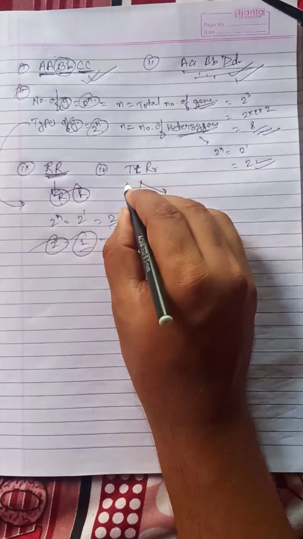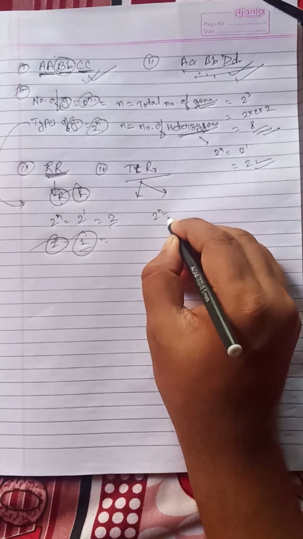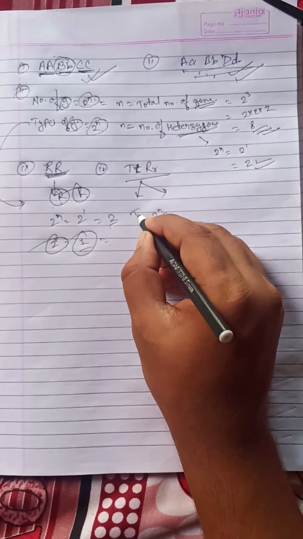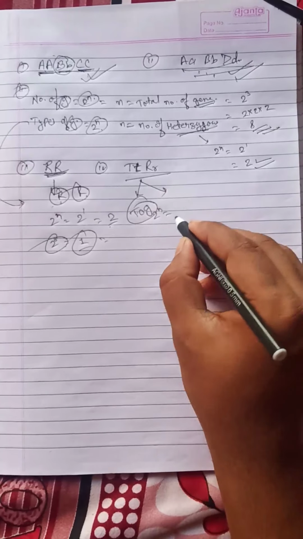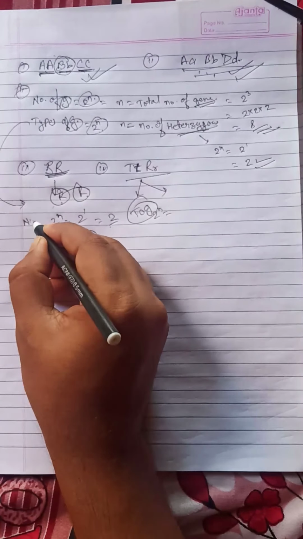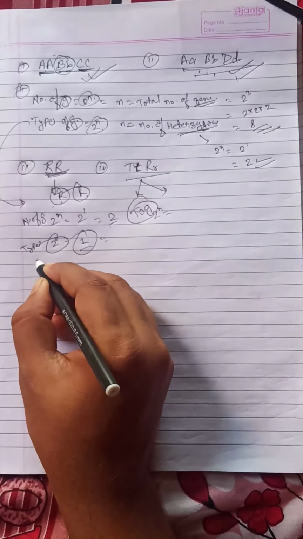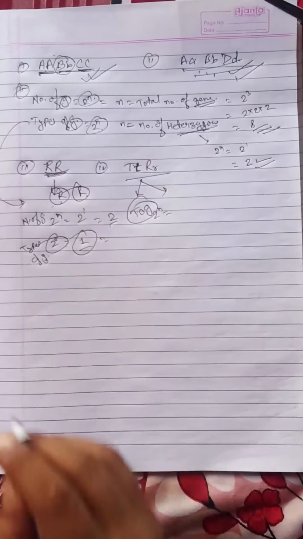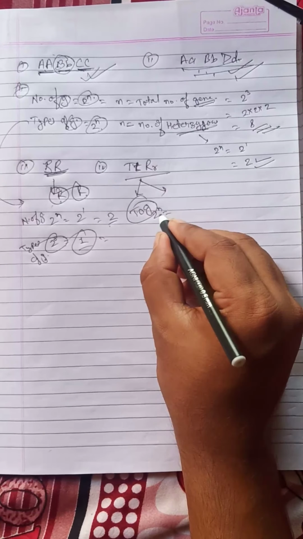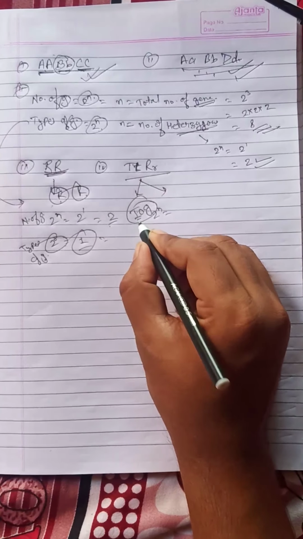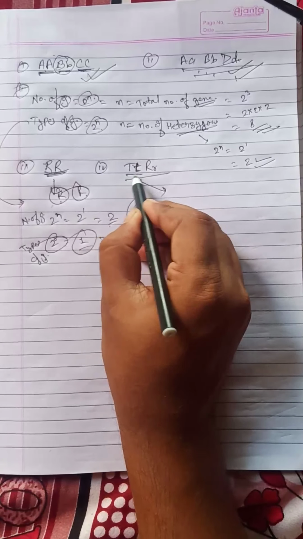One more time. Types of gametes, that means 2 to the power n. This is the types of gametes, and this is the number of gametes. Number of gametes is 2 to the power 1. And what about the types of gametes for heterozygous?